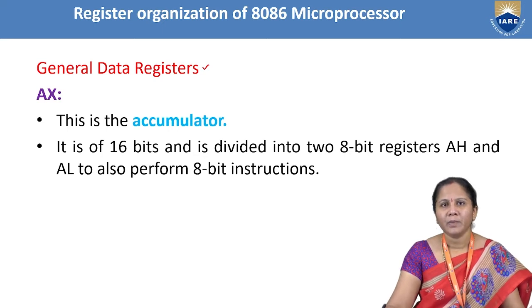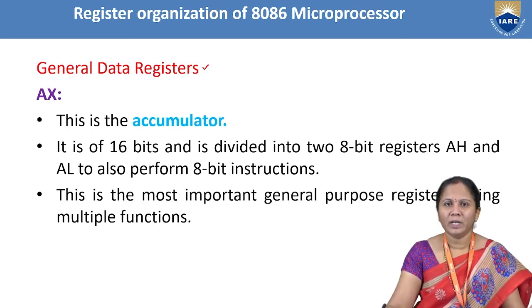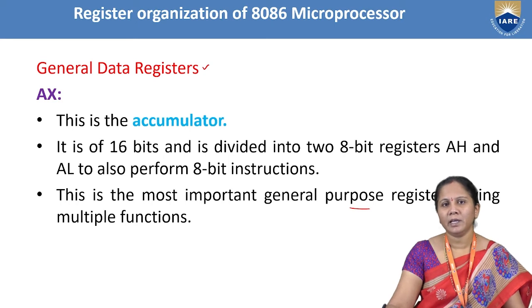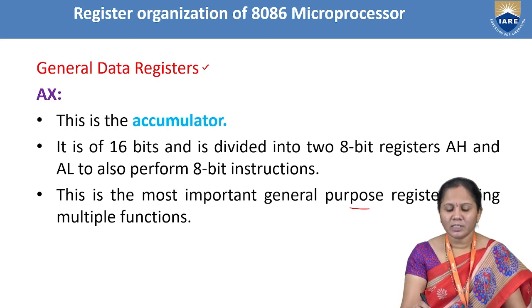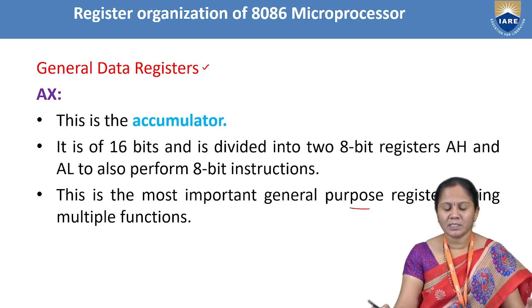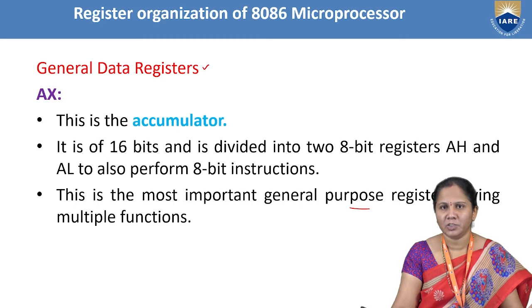Here, AX is called accumulator. Next, it is a 16-bit register. It can be divided into 2 8-bit registers as AL and AH. If you are using AL and AH, it is capable of performing 8-bit operations. Now, so this is the most general purpose register having multiple functions.